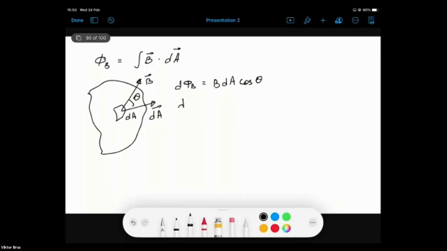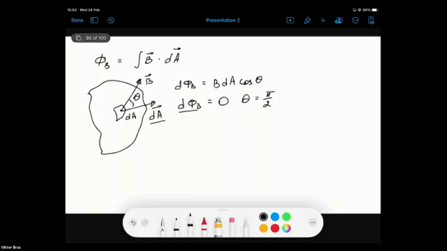So dΦ_B will be equal to 0 if this angle theta is equal to pi over 2, like 90 degrees. If the magnetic field vector is perpendicular to the dA vector, which defines the area and orientation of the surface element, then the magnetic field flux is equal to 0.